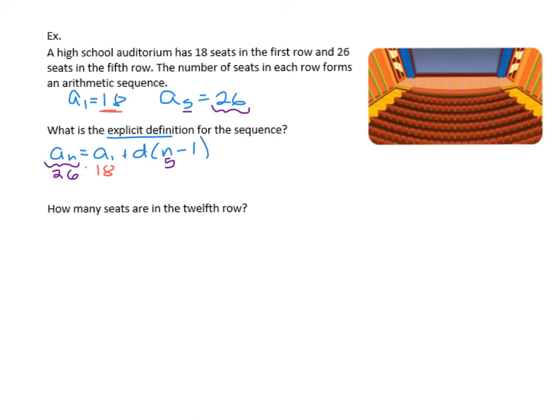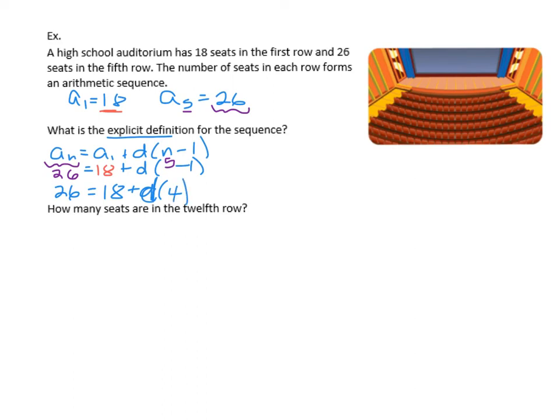Substituting all that information in, now the only variable left is d, which is our common difference. To determine that value, let's just simplify this equation. We have 26 equals 18 plus d times 5 minus 1, that's 4.